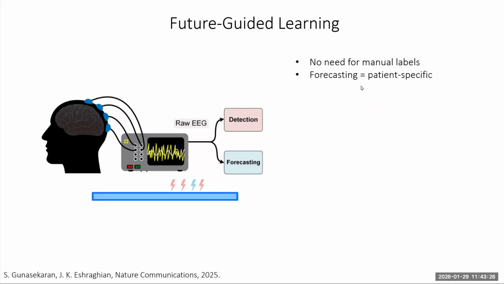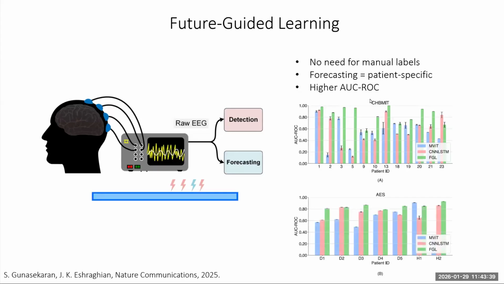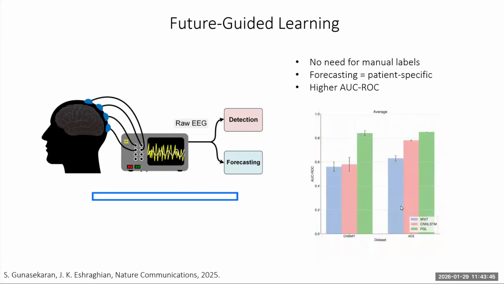As a result, it does open the opportunity up for patient-specific forecasting because you're going to attribute a forecasting model to an individual patient, and as a result, we were able to get higher performance metrics across all the data sets that we tested across various tasks, not just EEGs. Let me average out these data sets for you, CHB-MIT and American Epilepsy Society.